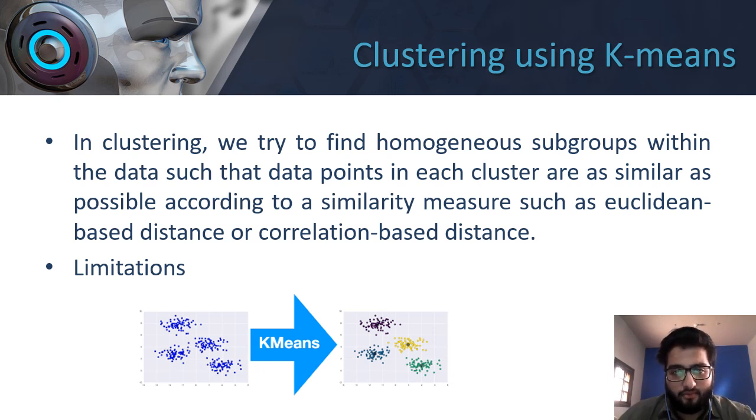In our course, we learned about clustering using the k-means algorithm. K-means is an iterative algorithm that tries to partition the data set into k predefined distinct non-overlapping subgroups, where each data point belongs to only one group.